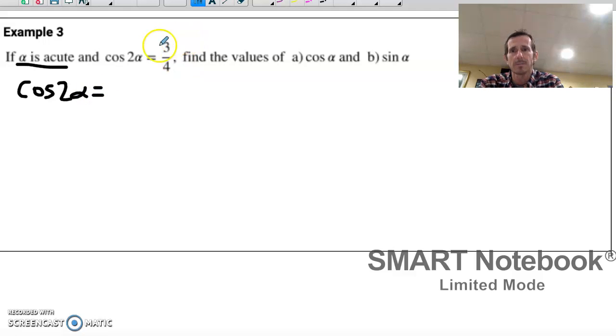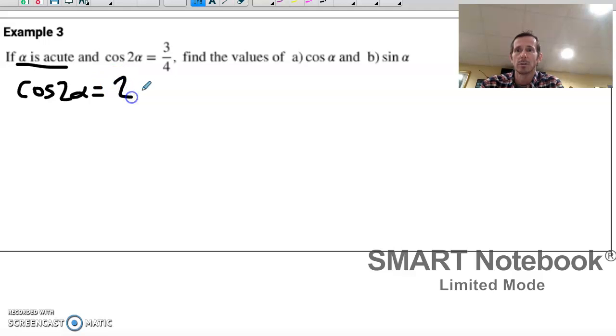But in this case, since I don't know either cosine or sine, I don't want to use the one that has cosine and sine in it, because I wouldn't have something to plug in for either one of them and I wouldn't go anywhere. So I can either use the one that has just cosine squared in it, or the one that has just sine squared in it, and I can use it to solve and figure out my missing value. So I'm going to use the one that has cosine in it first, since that's A.